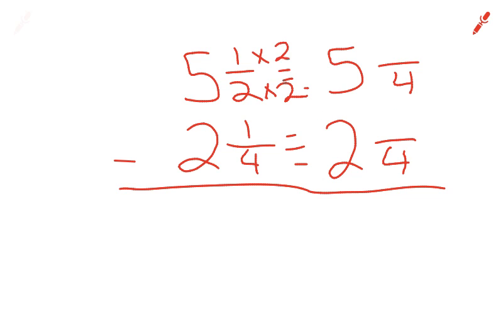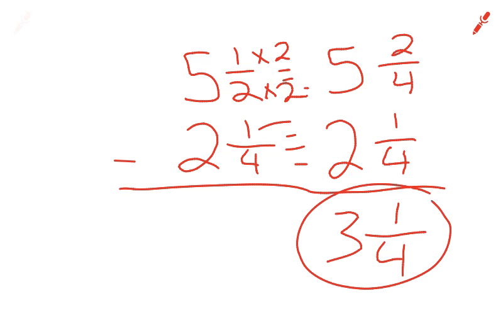Times 2 at the top then as well. 1 times 2 is 2. This one we're just bringing our 1 over. 2 minus 1 is 1. We get 1 over 4. 5 minus 2 is 3. Our answer is 3 and 1/4.